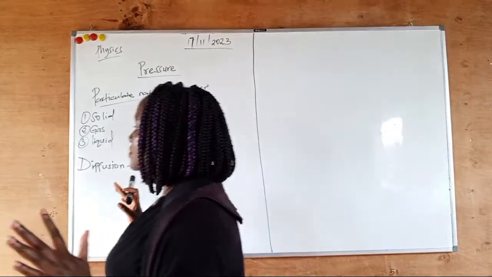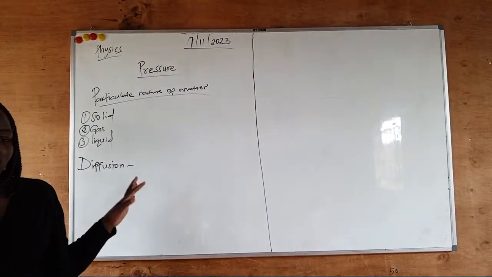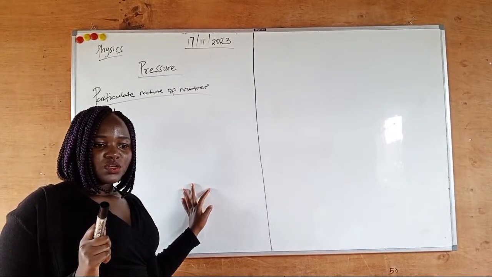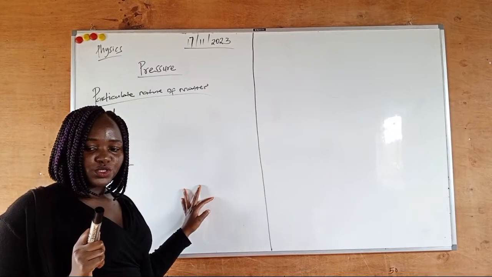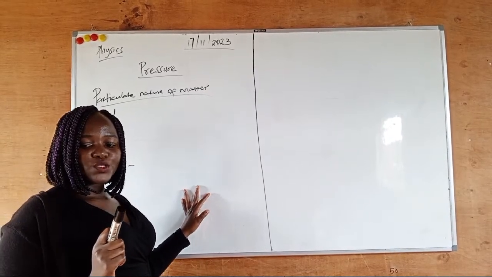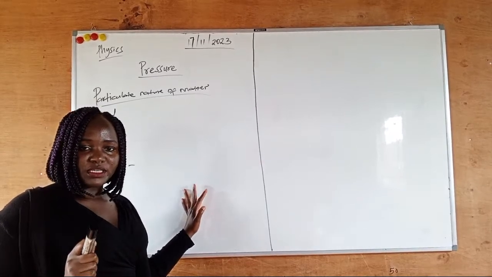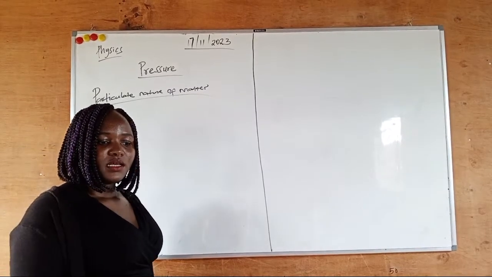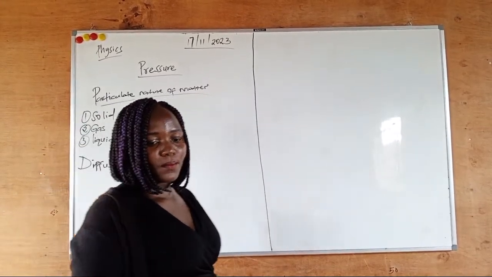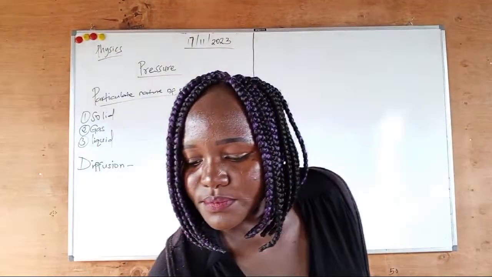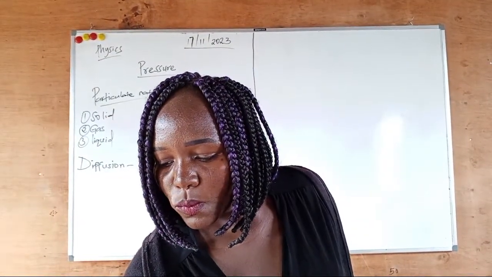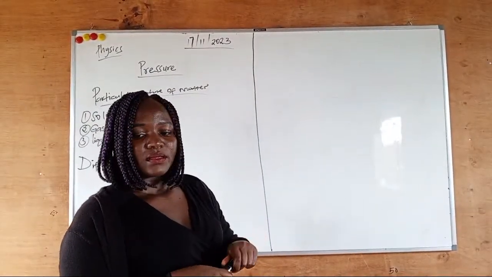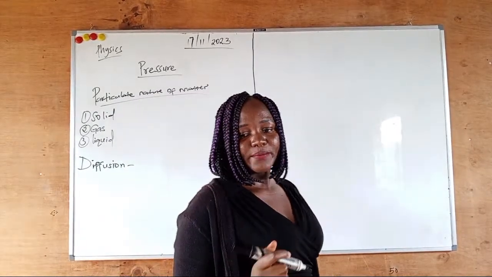So diffusion refers to the movement of particles from a region of high concentration to a region of low concentration so as to attain a state of equilibrium, so as to attain balance, whichever suits you. Are we together up to that?